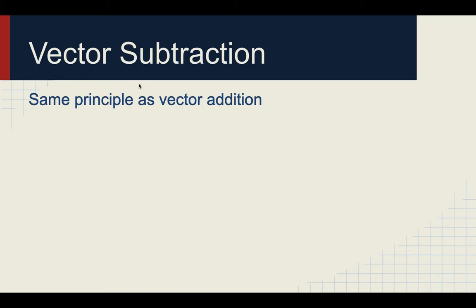Okay, now let's say we want to subtract some vectors. So vector subtraction, basically the way we're going to do it is if we want to subtract a vector from another, we're really just adding two vectors, but we're adding the negative of the second vector. So here's what I mean. Let's say we've got u and v, and we want to do u minus v.